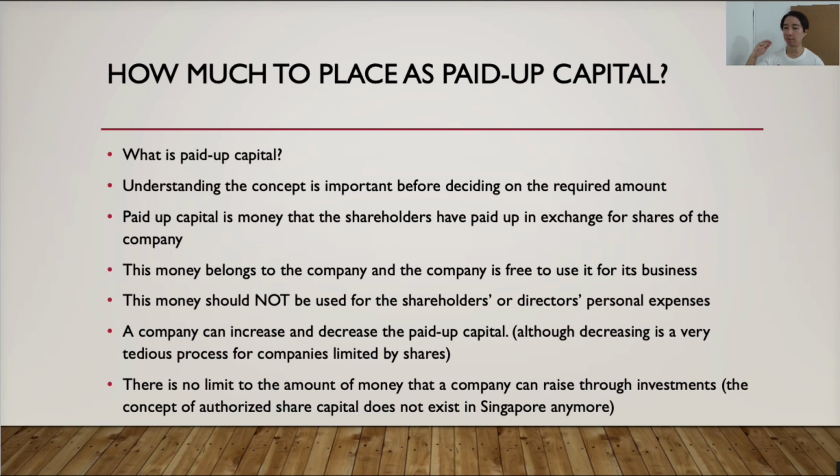If money in is more than money out, this $10,000, which started as the starting paid up capital in the company, will become more. If money out is more than money in, that means the company is spending more than it's earning. Then this $10,000 will slowly deplete over time, becoming 9,000, 8,000, 7,000, 6,000.